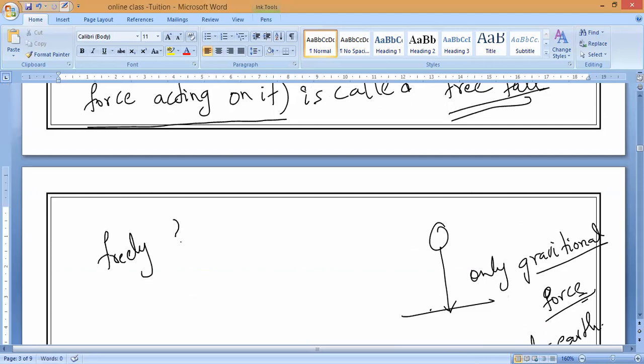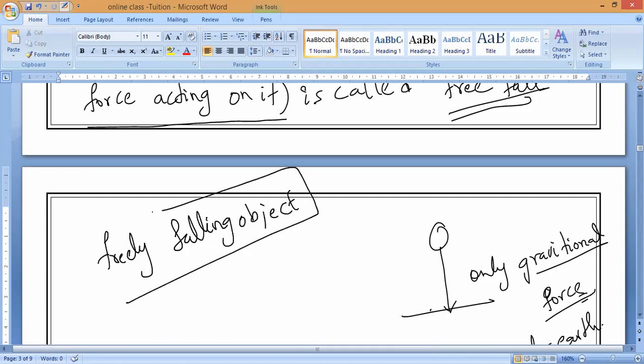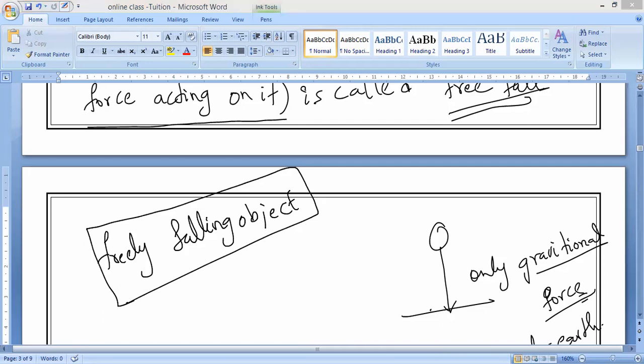Write it: the object under free fall is known as a freely falling body or freely falling object.